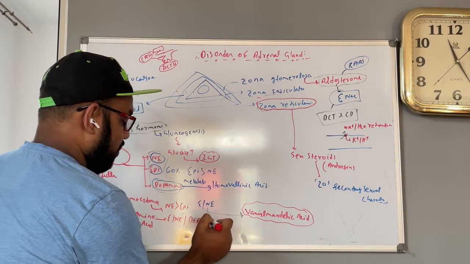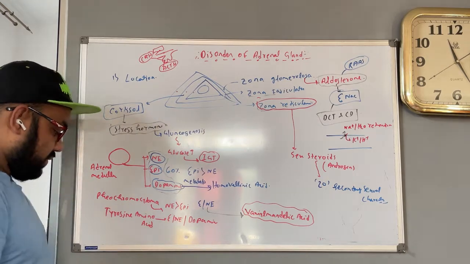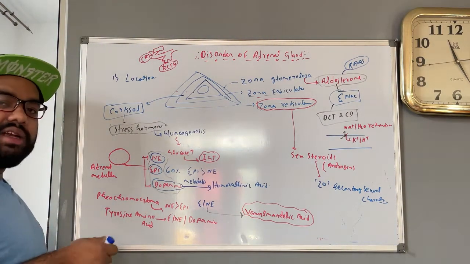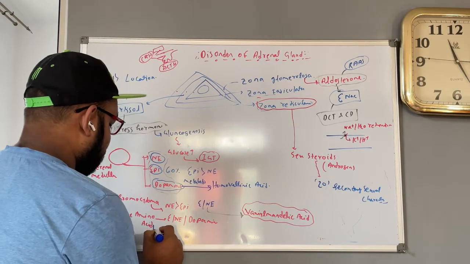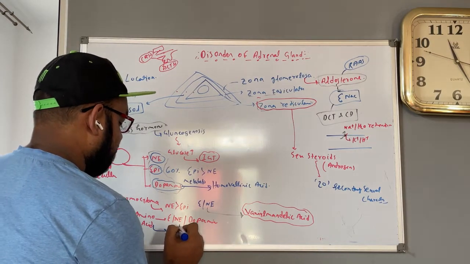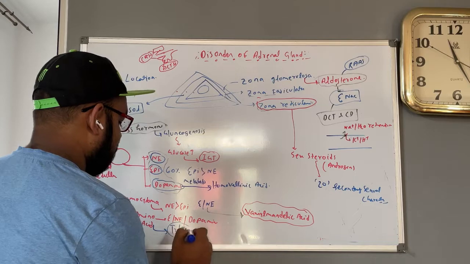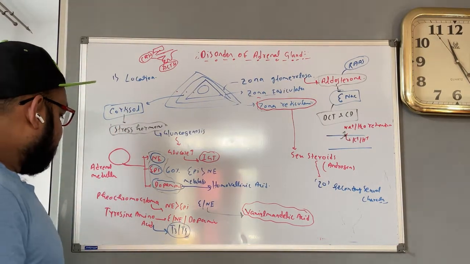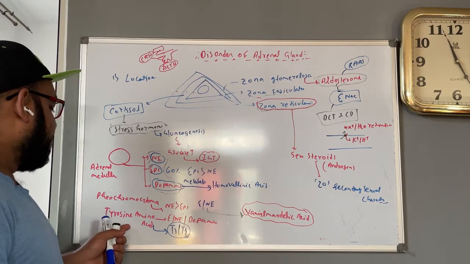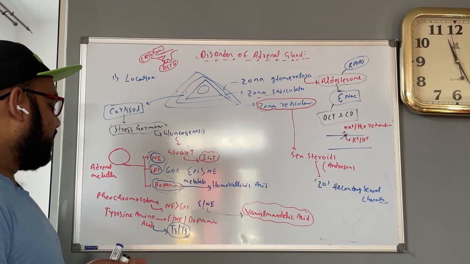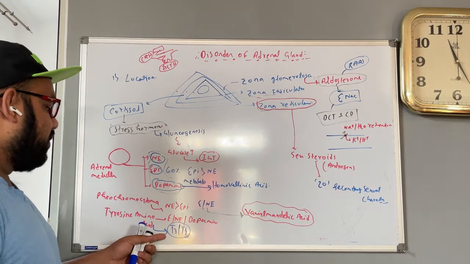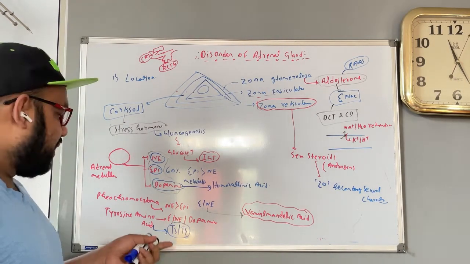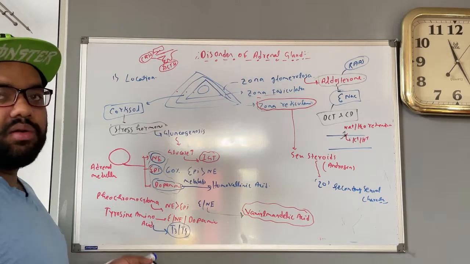Along with that, we also know that tyrosine is also responsible for the formation of T3 and T4 hormones. That means in a nutshell the tyrosine amino acid is responsible for the production of epinephrine, norepinephrine, dopamine, and also for the formation of T3 and T4, that means triiodothyronine and tetraiodothyronine.